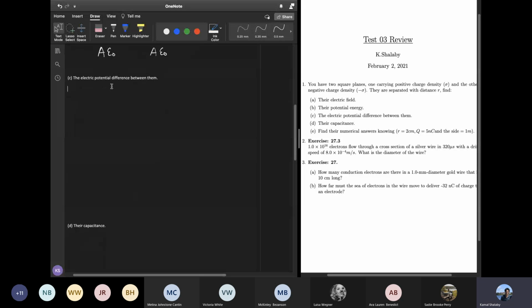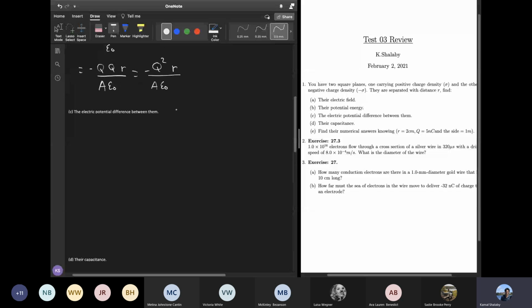Okay, so what is the electric potential difference between them? How can we find that? What is delta V equal to?